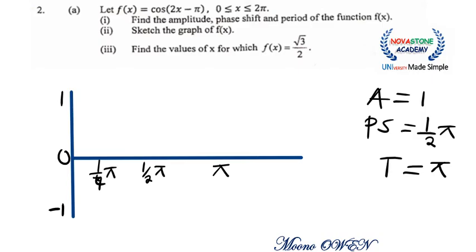For me to find the one that is in the middle, I'm just going to multiply this by 3. Quarter by 3, I'm going to have 3 quarters, or 3 pi over 4. That is what I have.